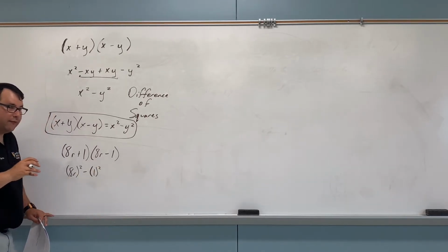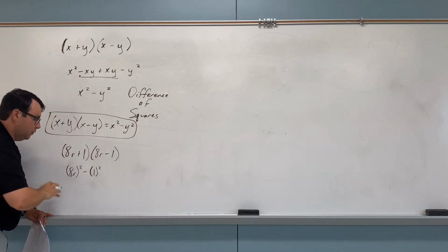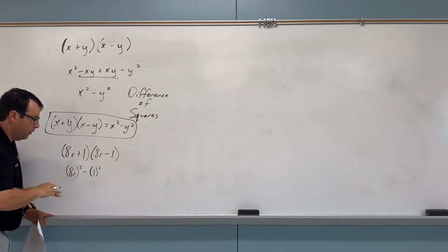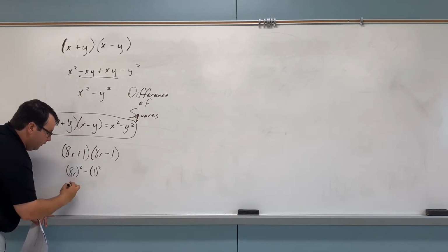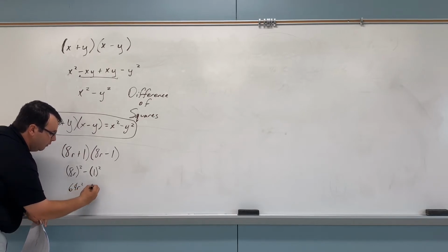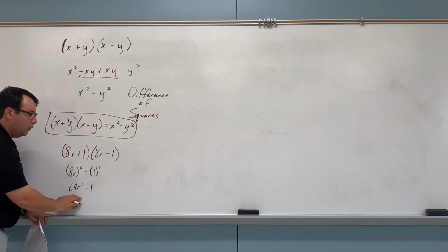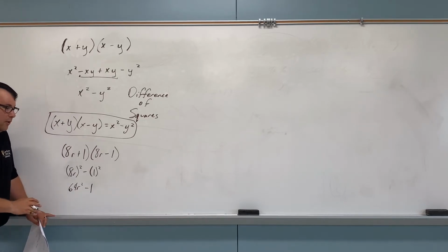So according to the definition, without having to do all the multiplication steps, which this is a simple example to do that with, I would get 64r squared minus 1. That would be my solution from the difference of squares here.